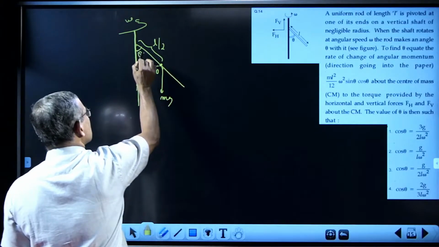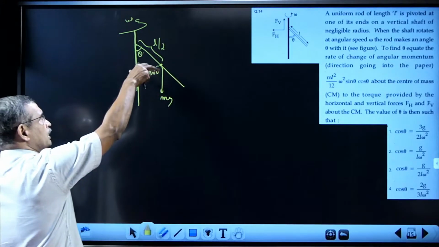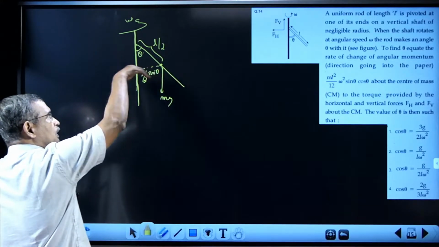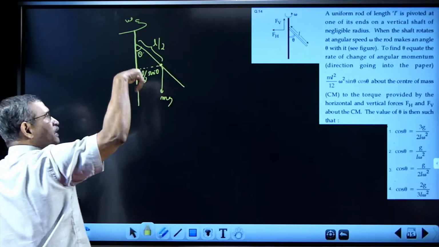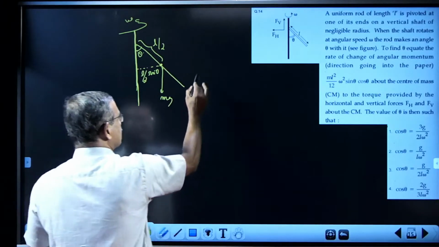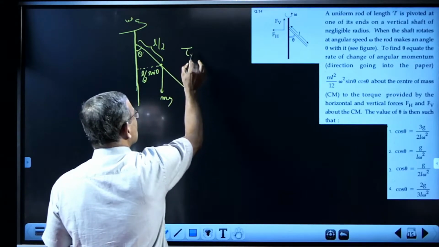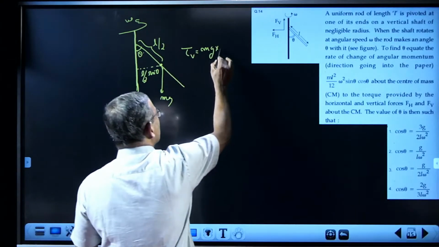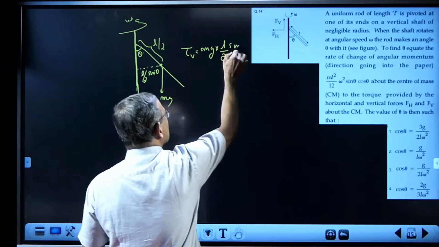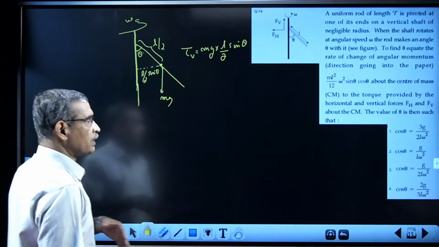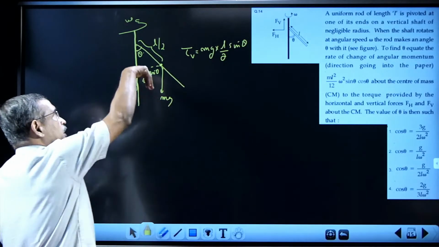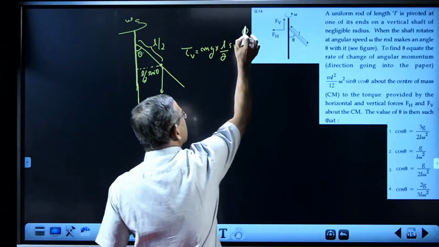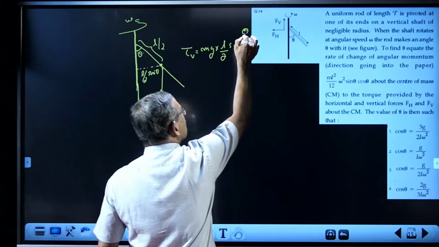What is the torque due to the vertical force? R cross F. So tau vertical equals mg into L by 2 sin theta, and it is inward, therefore I am giving the symbol like this.